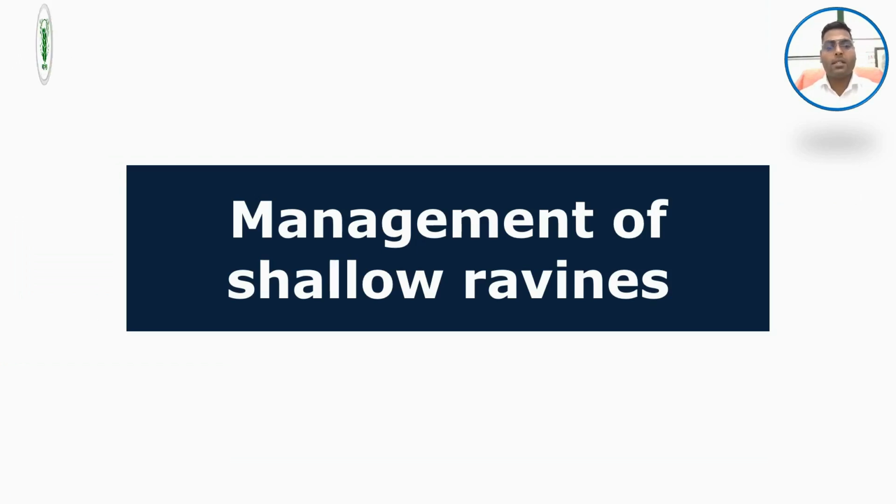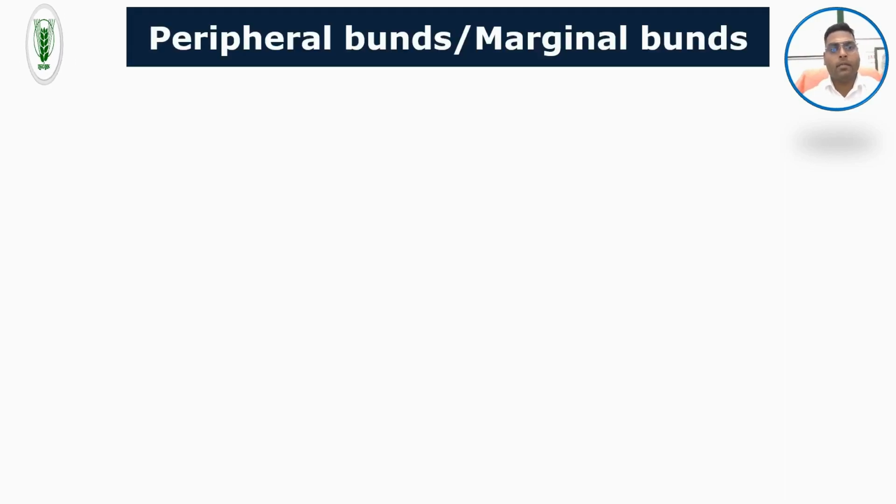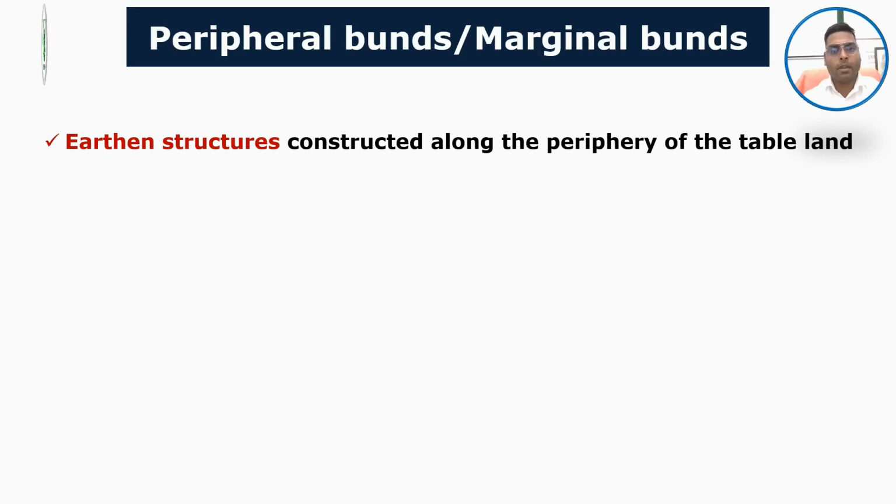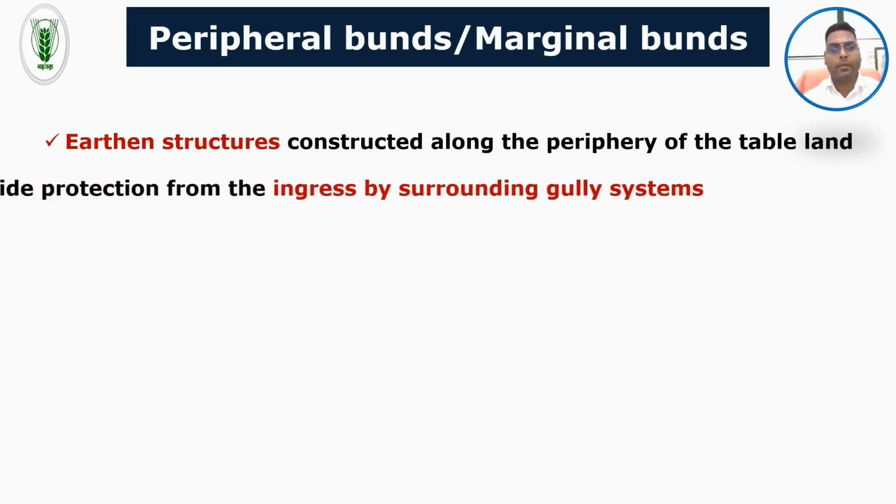So let us now move into management and restoration approaches, beginning with shallow ravines. The first approach is peripheral bunds, which are also known as marginal bunds. Peripheral bunds are earthen structures constructed along the periphery of the tableland.